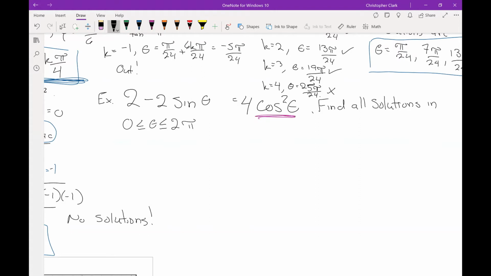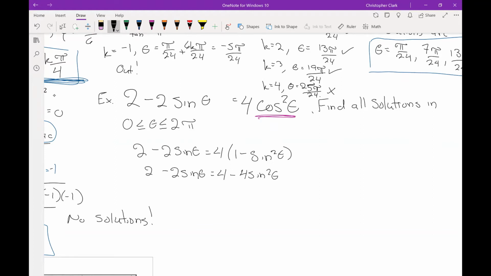So I see this cosine squared. I'm thinking Pythagoras. So I am going to write this as 2 minus 2 sine theta equals 4 times 1 minus sine squared theta. I'm going to distribute the 2 across. This is 2 minus 2 sine theta equals 4 minus 4 sine squared theta.